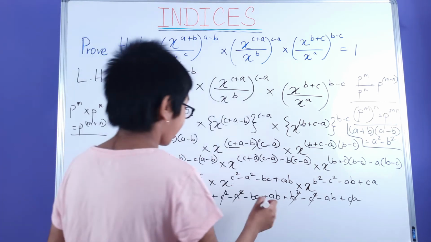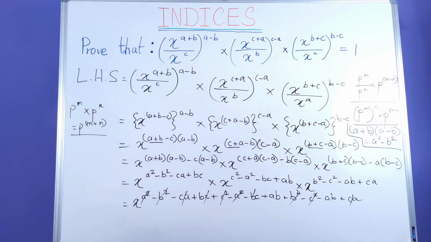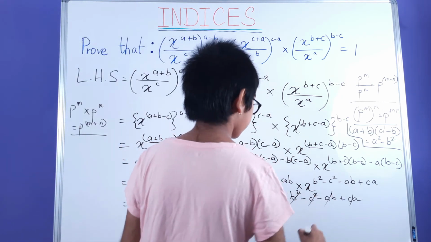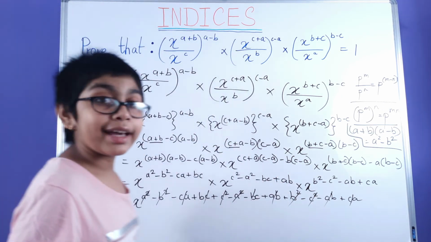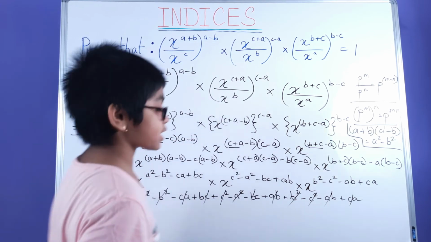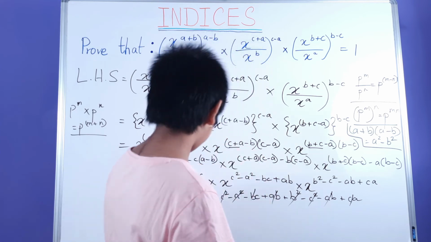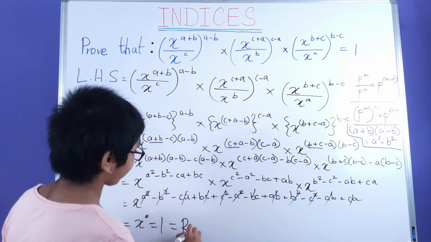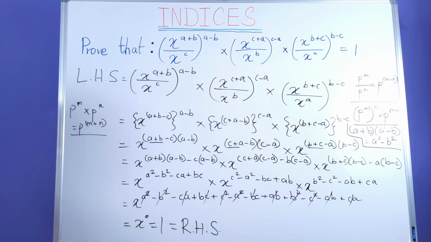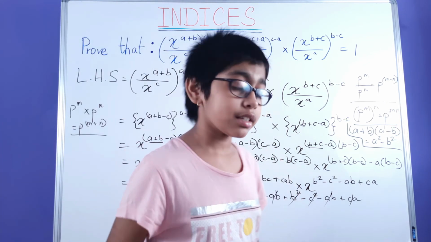Plus bc minus bc can be canceled. And finally, ab and minus ab can be canceled. We ultimately get x to the power of 0. And we know if anything is to the power of 0, it's 1. And 1 is equal to our RHS. So we could prove that LHS equals RHS. This is proved.